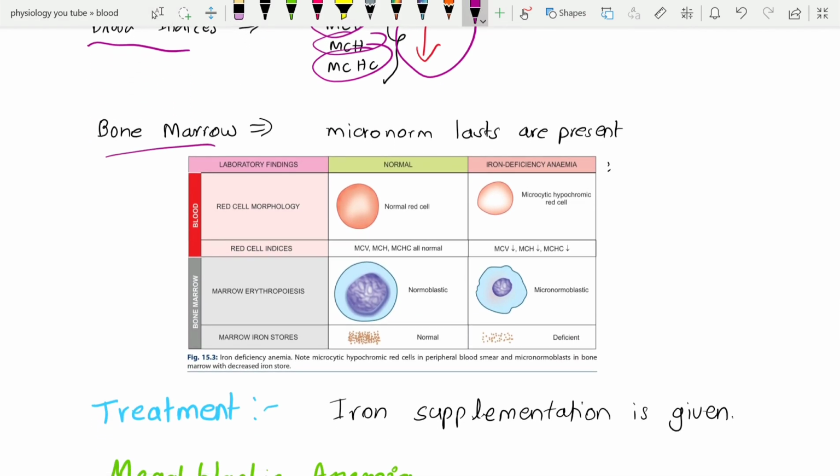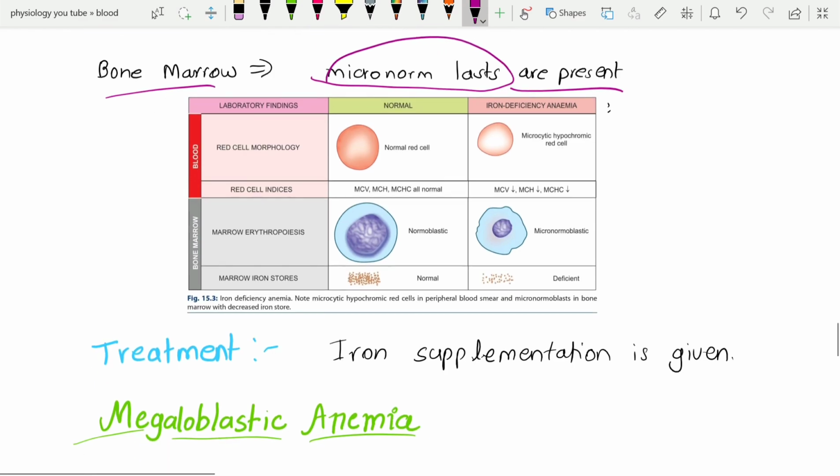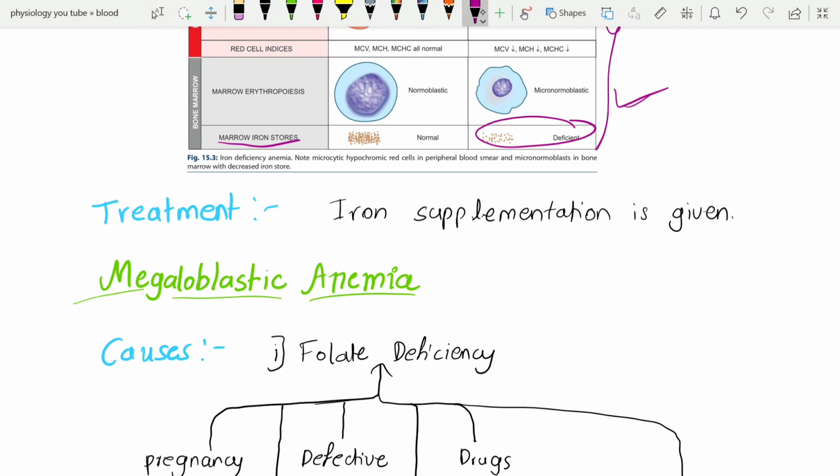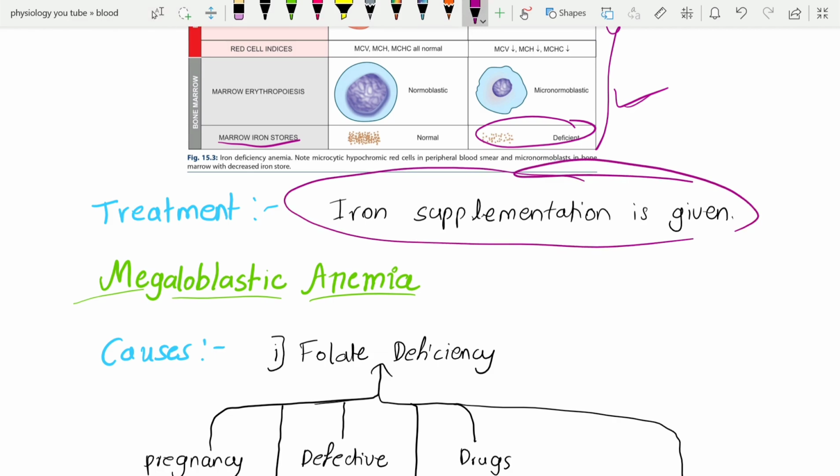Bone marrow examination shows micronormoblasts are present. Here is a table from GK Pal. You can study this from your textbook; all things are mentioned here. You can see marrow iron stores are deficient. And for the treatment part, iron supplementation is given.